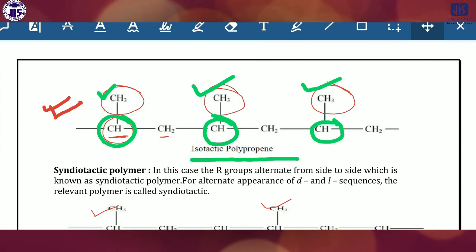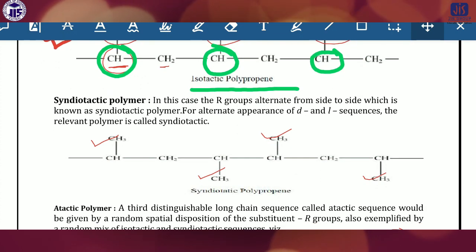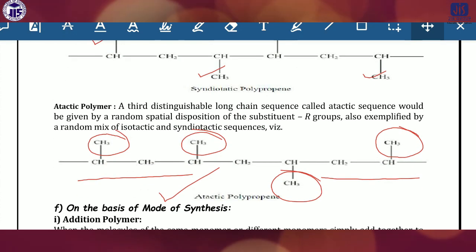When all the R groups, not necessarily methyl, are present on opposite sides in an alternating manner, it is called the syndiotactic polymer. And when there is no particular sequence and the R groups are attached randomly to the chiral carbon, it is called the atactic polymer.